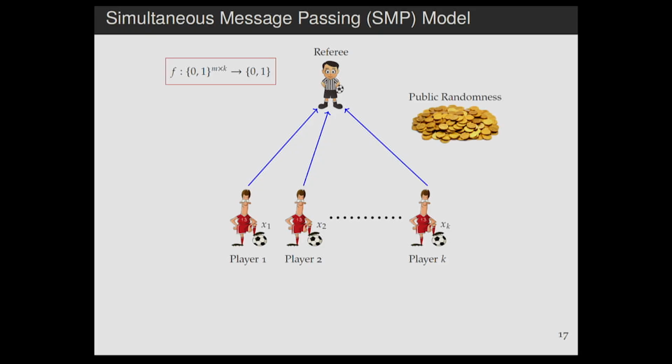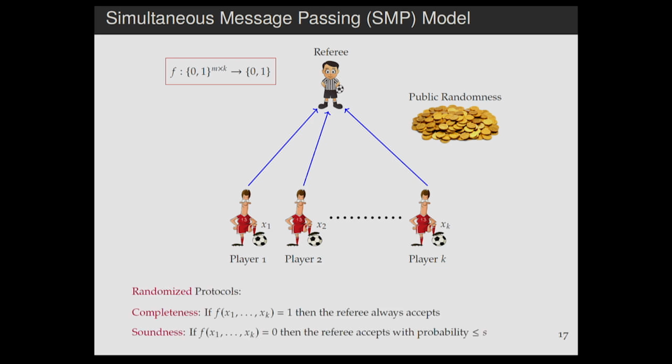And we also allow the protocol to be randomized. What does randomized mean here? It means that before the protocol, there is some shared public randomness. We draw some random string, and we show this random string to everyone, to the referee and all the players. And they can all use this random string in this protocol. What do we want from our protocol is as follows.